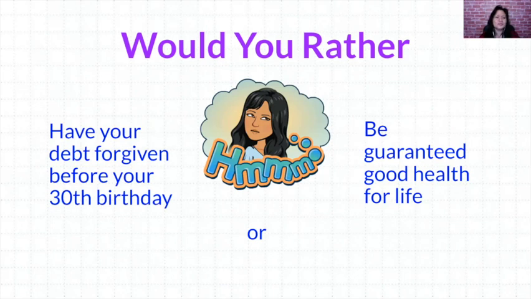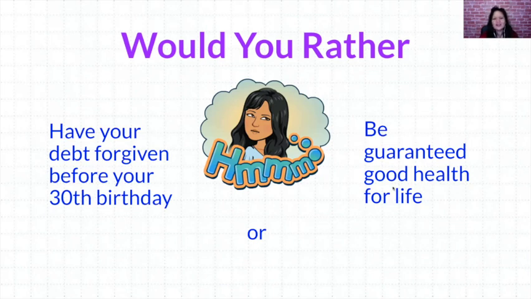Next one. Would you rather have your debt forgiven before your 30th birthday or be guaranteed good health for life? Now, at this age, it's a little hard for them to imagine what kind of debt they would have before their 30th birthday.